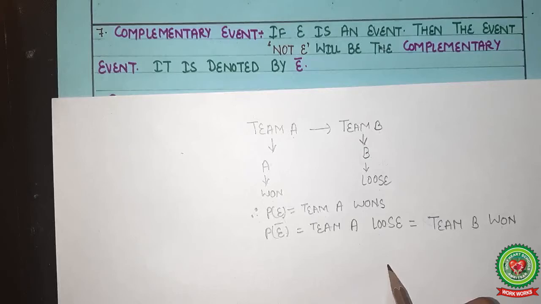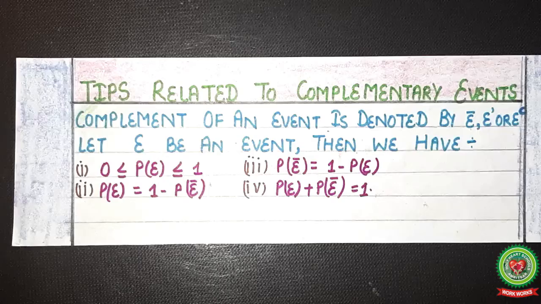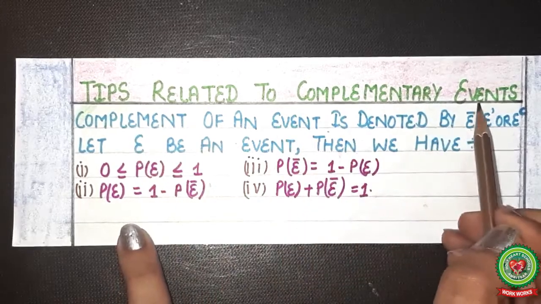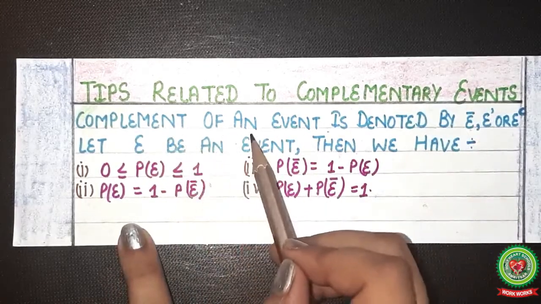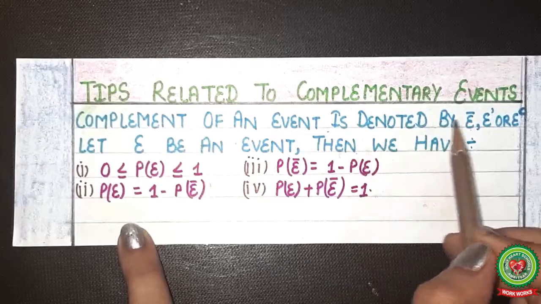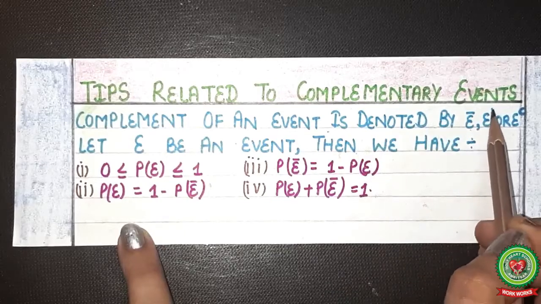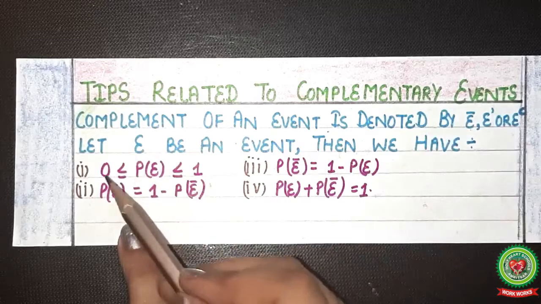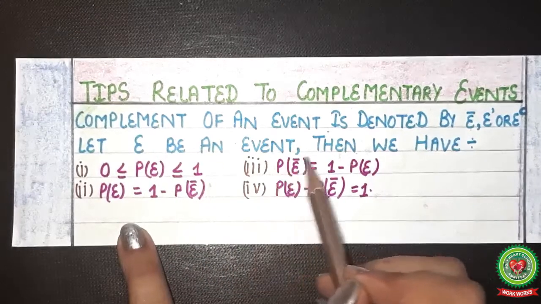Now, I will give you some tips related to complementary events. The complement of an event is denoted by E bar, E dash or E raised to power C, where C stands for complement. Let E be an event.